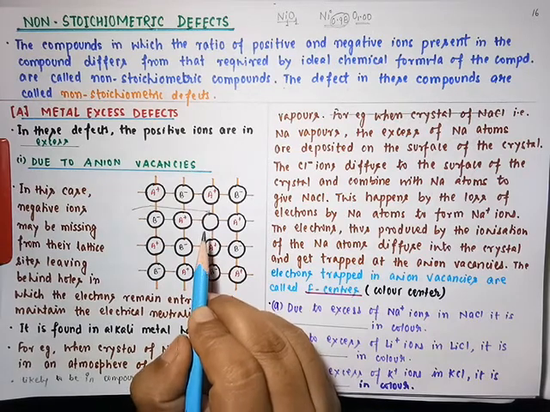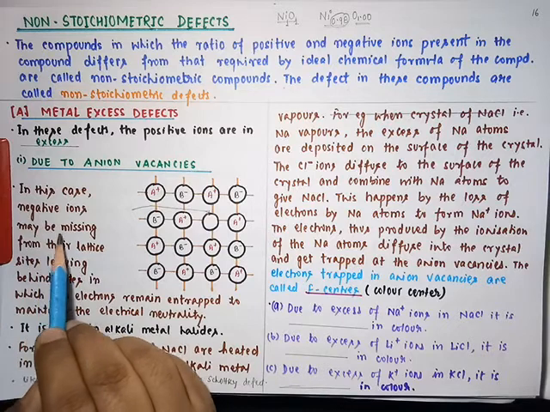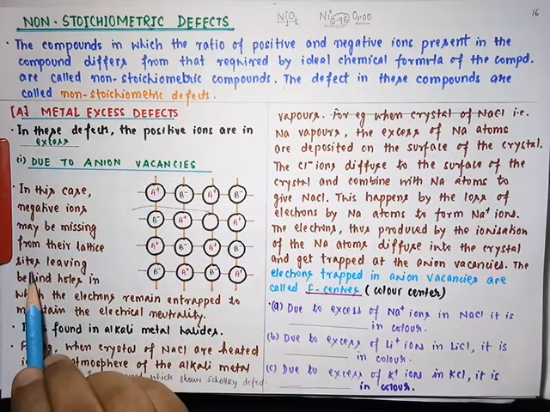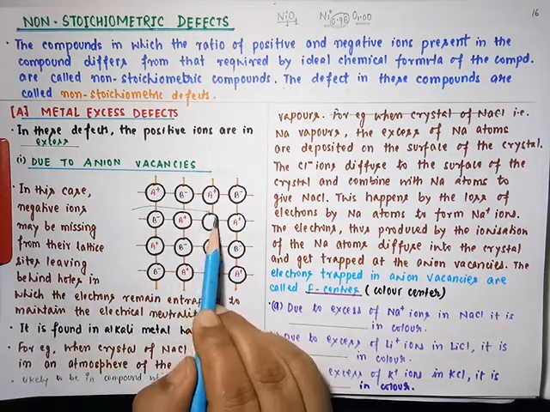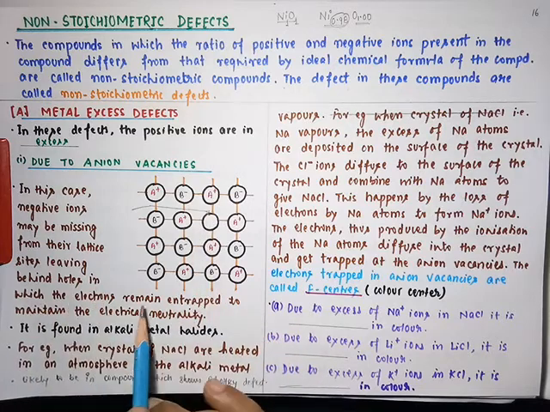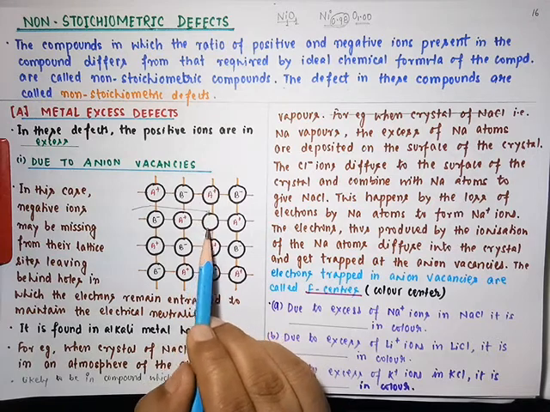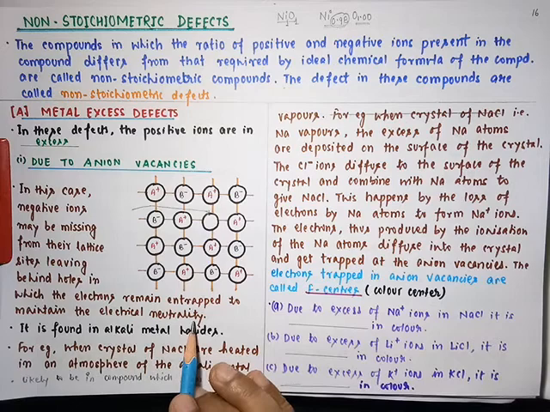In this case negative ions may be missing from their lattice sites, leaving behind holes. When there is no negative charge, a hole is created in which electrons remain entrapped. This region will be trapped with an electron to maintain electrical neutrality.